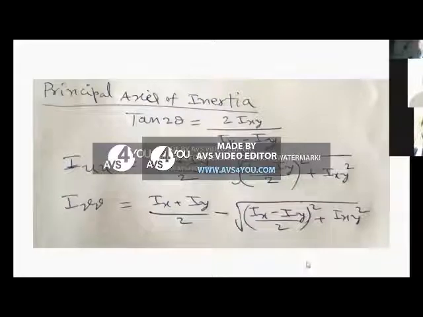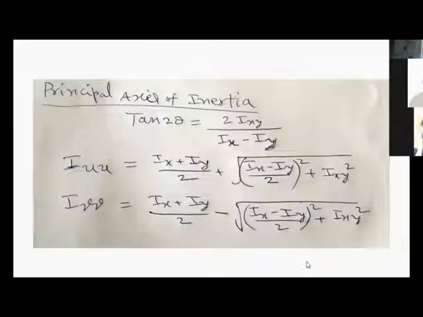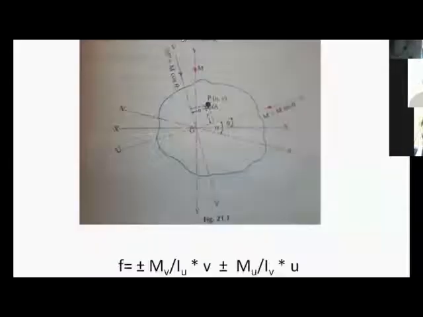So when unsymmetrical bending is there, now you can look at this particular diagram. Here, this is the UU axis, this is the VV axis. That means the UU axis gives the maximum moment of inertia, and the VV axis gives the minimum moment of inertia about this axis, right?